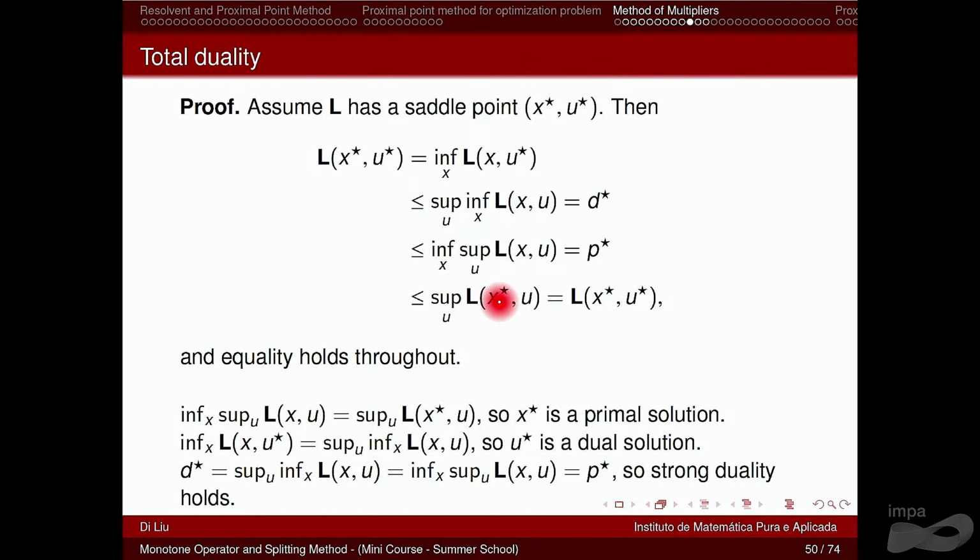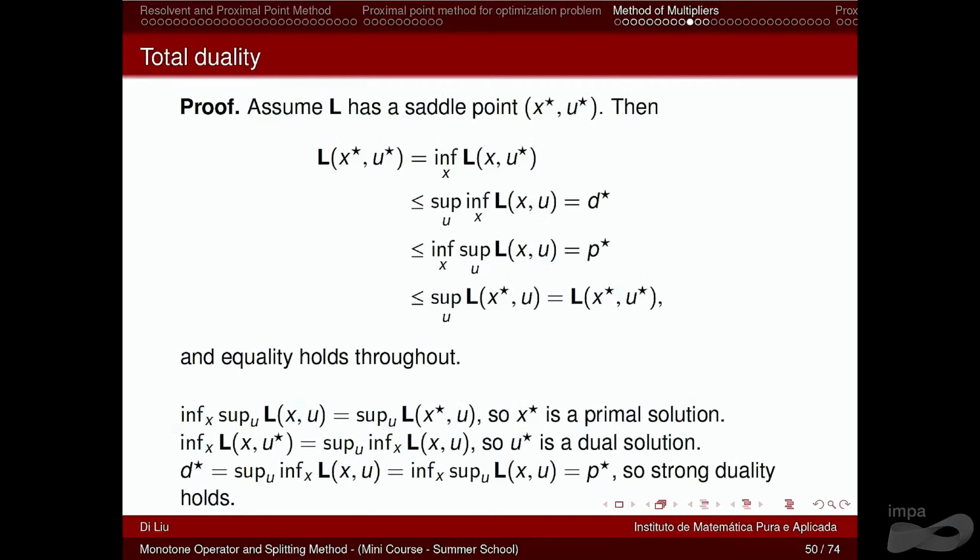If we take any x, for example, x equals x star, it should be greater than the infimum. So we take this as less than the sup in u of L(x star, u). So then we can have it equal to L(x star, u star) by the other part of the inequality.